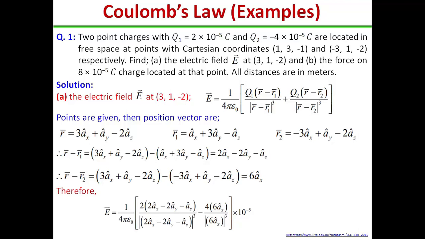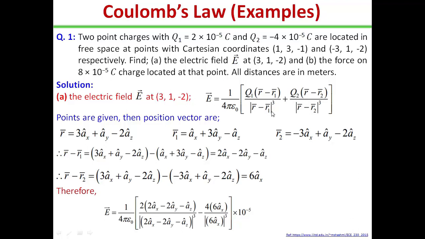According to Coulomb's law, we know that the total electric field at any point is the vector sum of all the electric fields at that point. Here we have two point charges located at different distances. So we have to find the electric field at (3, 1, -2), which is the vector sum of the electric field due to charge q1 and charge q2.